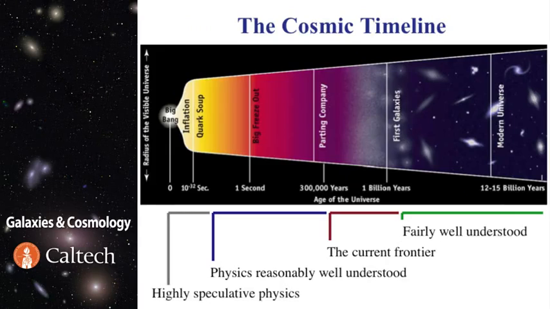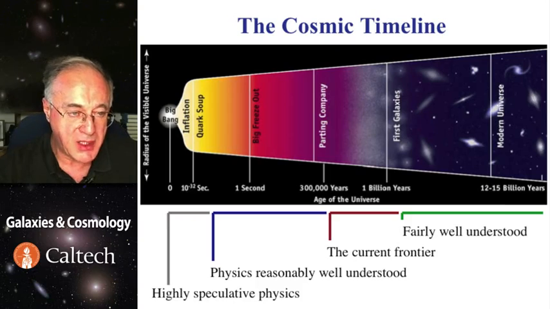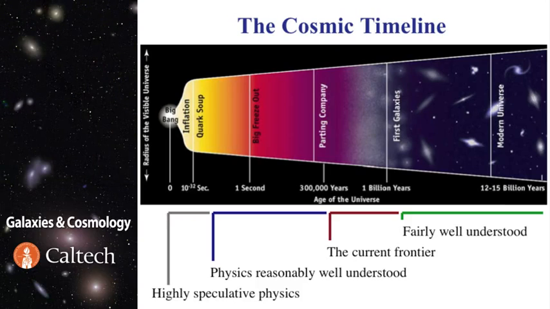So here is essentially a cosmic timeline from the modern viewpoint. The universe starts with the Big Bang. There is a brief period of inflation when the universe is less than 10 to the minus 32 seconds old. Then sometime later, physics that we know starts to come into play, such as the formation of the first chemical elements, and then slowly the formation of large fluctuations, and the formation of galaxies and their evolution.